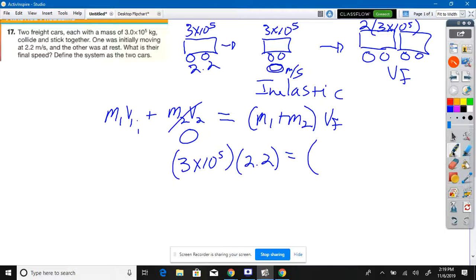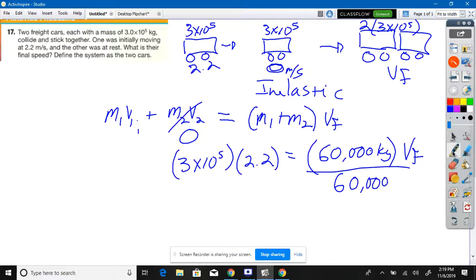No, no, no. 2 times 3 to the fifth is what? That's 30,000, so that's 60,000 kilograms. Find the final velocity. So divide both sides by 60,000 kilograms. And your final velocity is what?